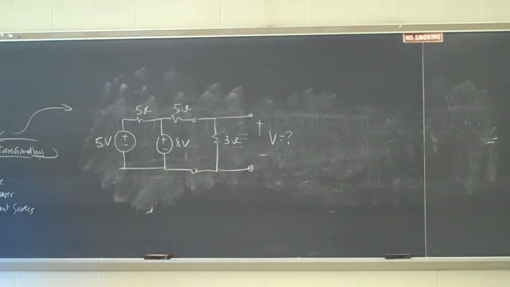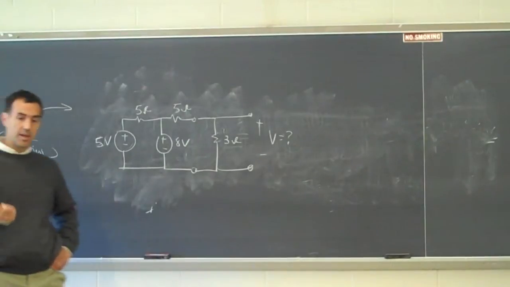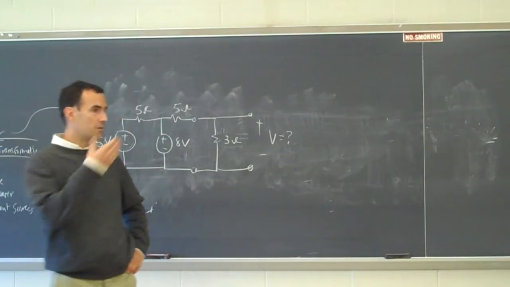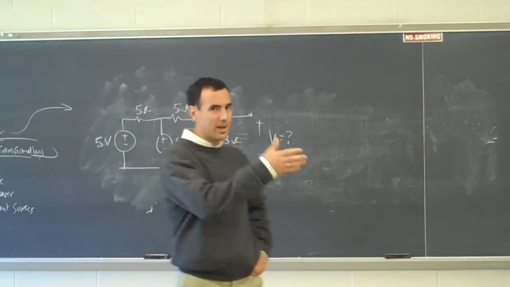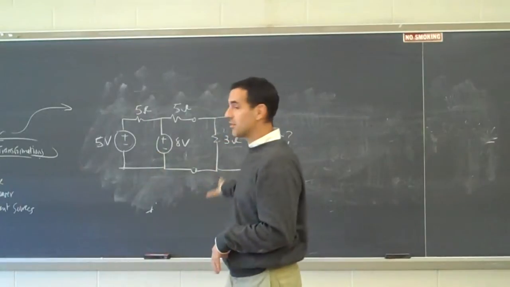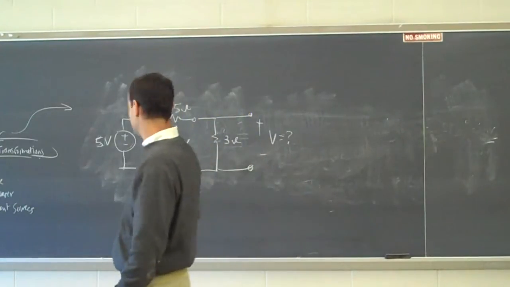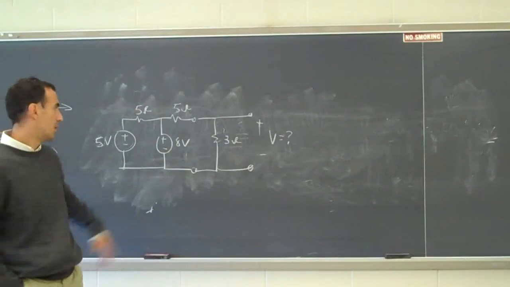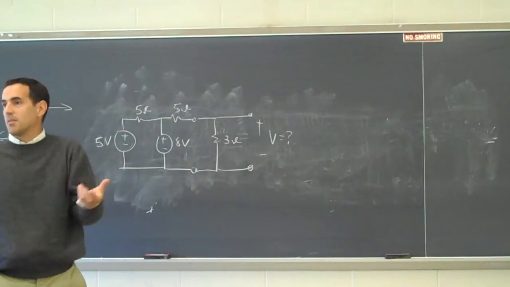So I want to find the voltage here, V. You could have solved this using nodal analysis, loop analysis, and frankly, since you're kind of new to this technique, even for this circuit right here, I'm not going to claim that you're going to get a big gain in speed by doing it this way. This is a demonstration circuit.